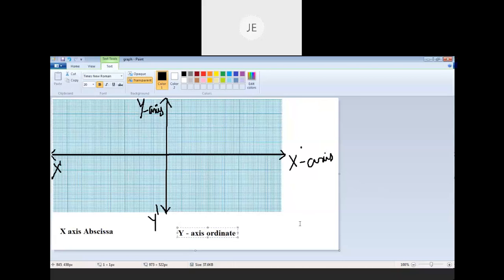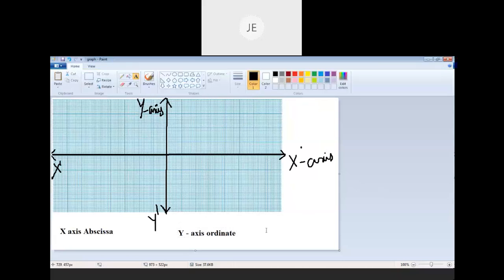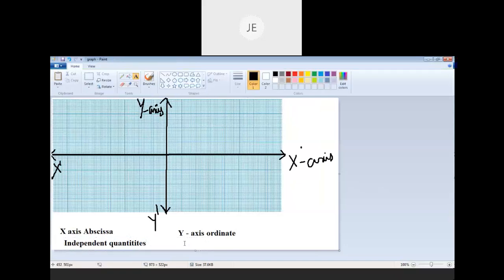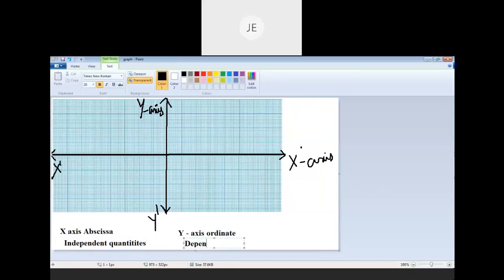And in general, on the x-axis we take independent quantities, independent physical quantities, and on the y-axis we take dependent quantities.